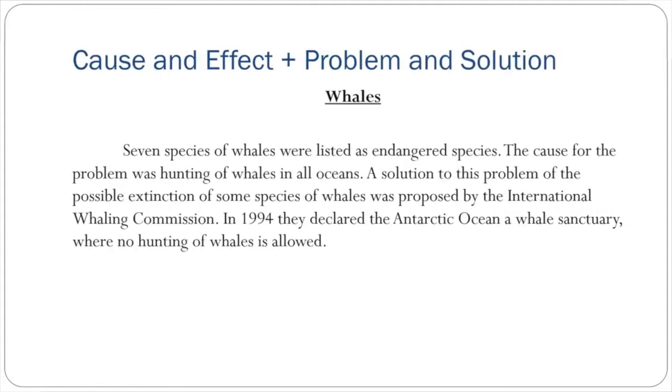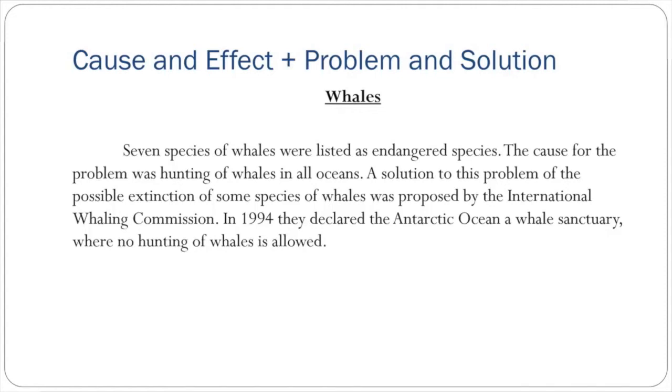So here's the same passage now with the cause and effect embedded with the problem and solution. Whales. 7 species of whales were listed as endangered species. The cause for the problem was hunting of whales in all oceans. A solution to this problem of the possible extinction of some species of whales was proposed by the International Whaling Commission.